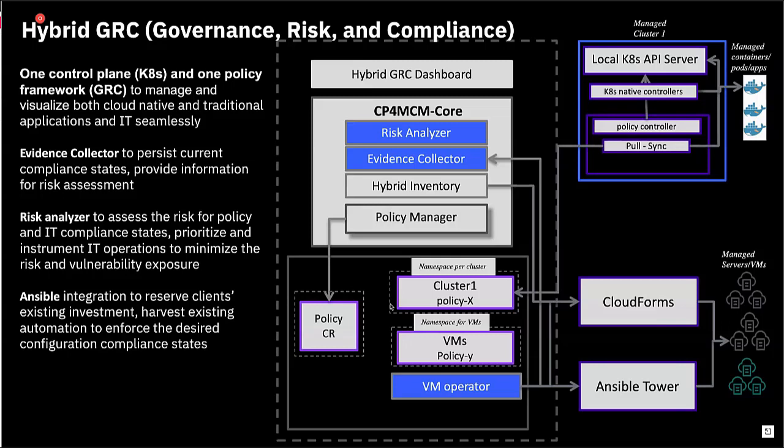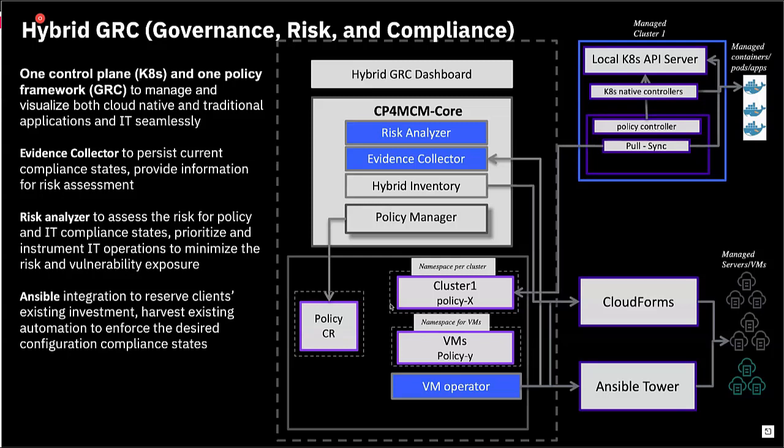The last thing is to integrate with Ansible, so that Ansible can become the automation engine to tap into the VMs, scan the VMs for the compliance states, remediate on the fly, and bring back the compliance remediation results.